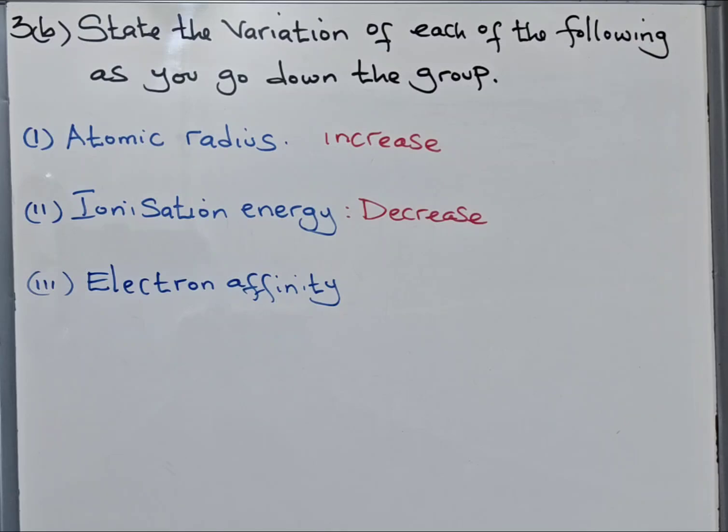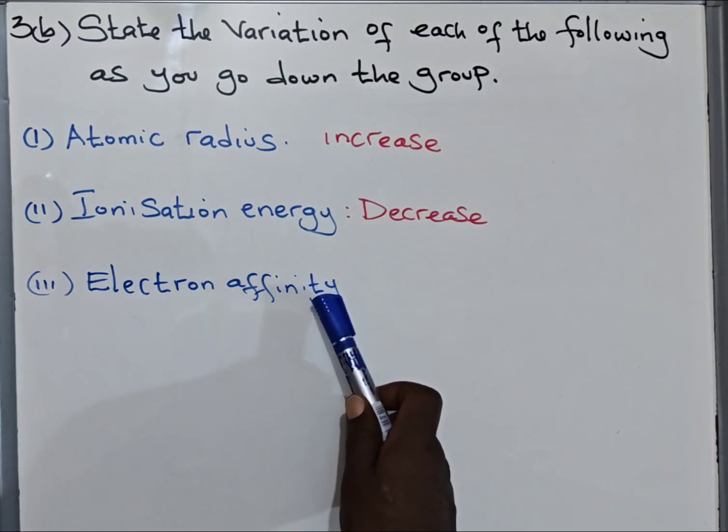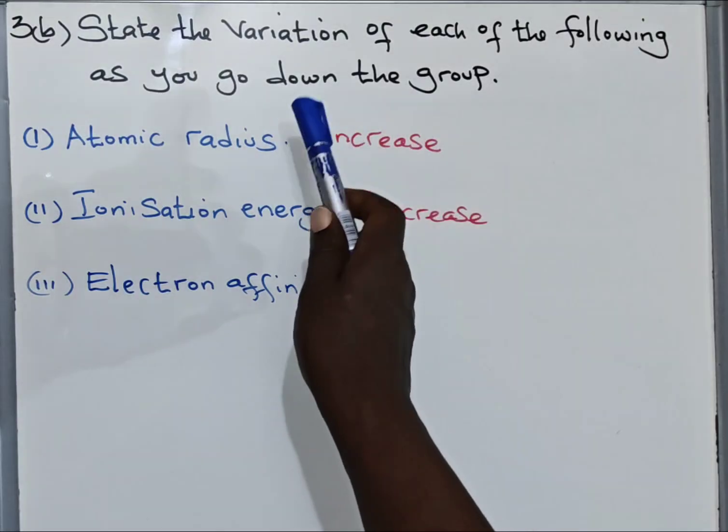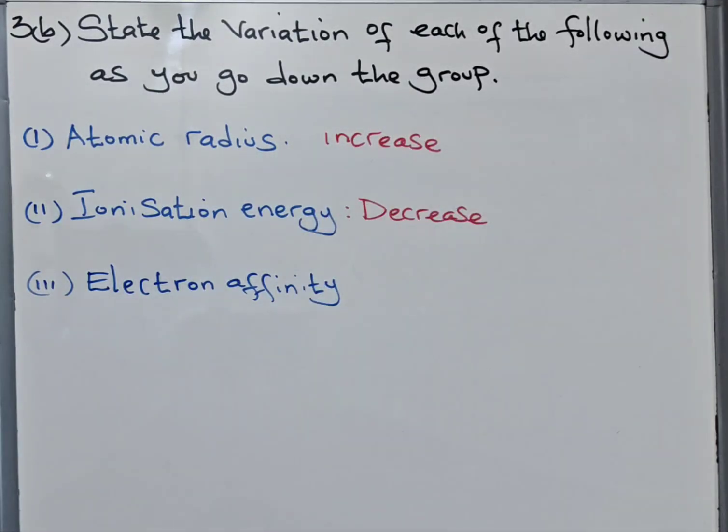As you go down the group, even this one has a direct bearing to the size. So the size is bigger as you go down the group, which means that the outermost shells are further and further away from the attractive force. And we are adding an electron. What is making it easier, because the electron is negatively charged, is the positive charge, which is going to attract it.